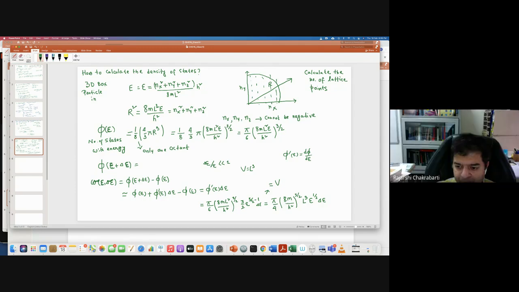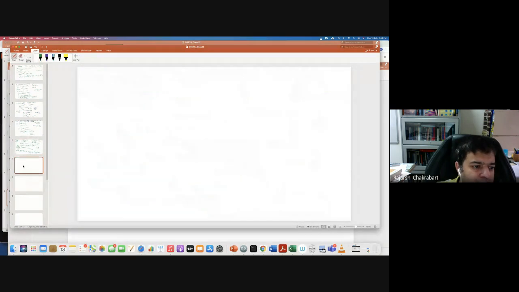I'll go to the next slide and show what I'm going to write. It is also possible to show that this G epsilon d epsilon, whatever I've calculated, is actually twice pi V by h cube into twice m to the power 3 by 2 epsilon to the half. Here I have d epsilon. You can check this.